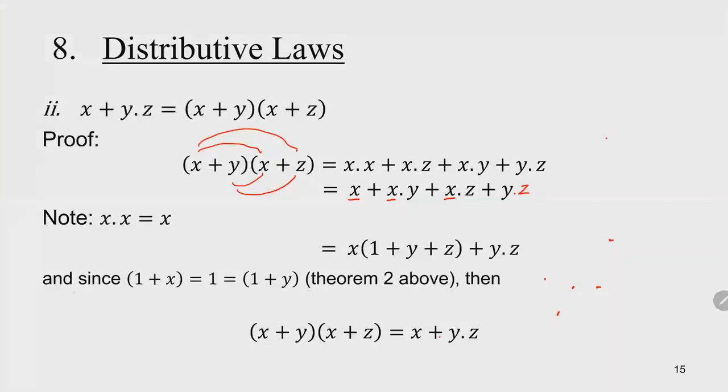Okay, and then another theorem from earlier on said that anything all with a 1 will give you 1. So here, x and with 1, all with two variables, and this thing here is going to give us 1.